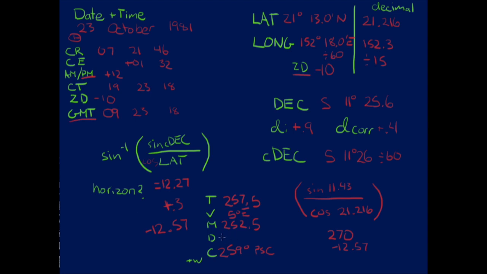So what is the difference here? What is our deviation? This is the answer. This is what we're solving for. Well, 6.5 degrees, add west, so 6.5 degrees west. Okay, there you have it. 6.5 degrees west is our deviation.